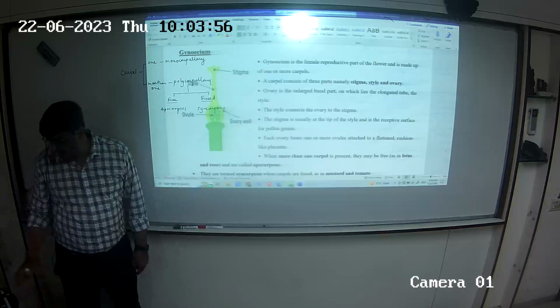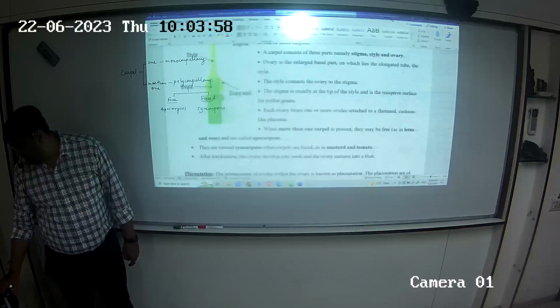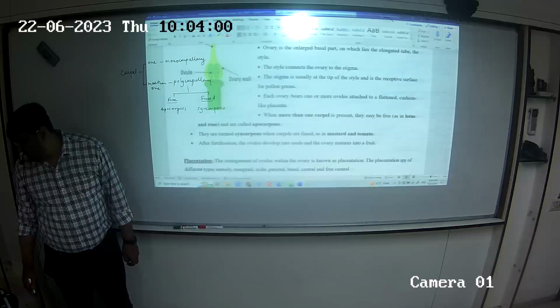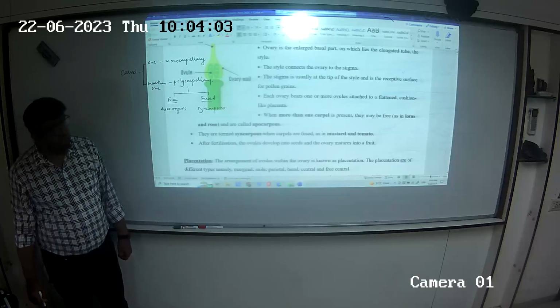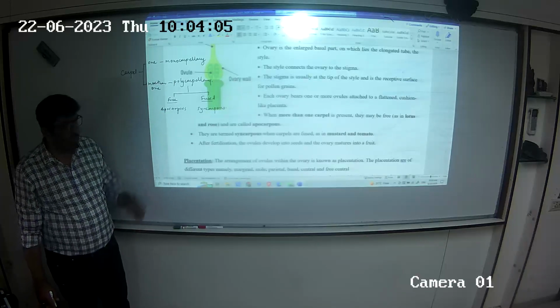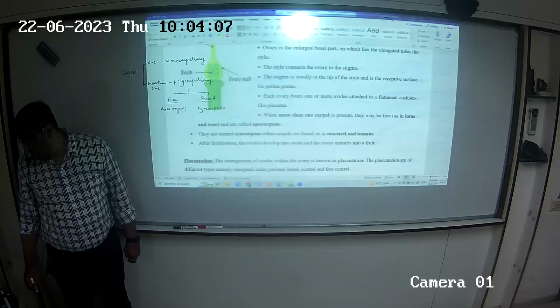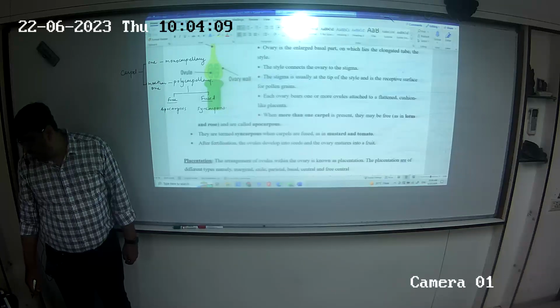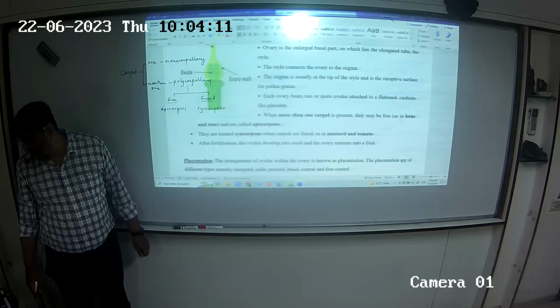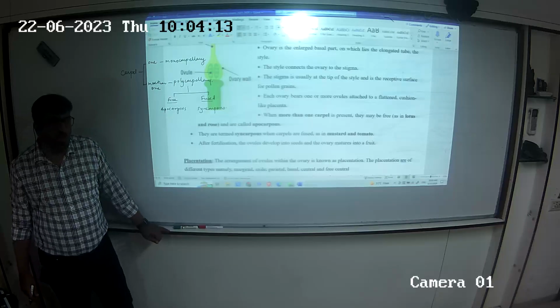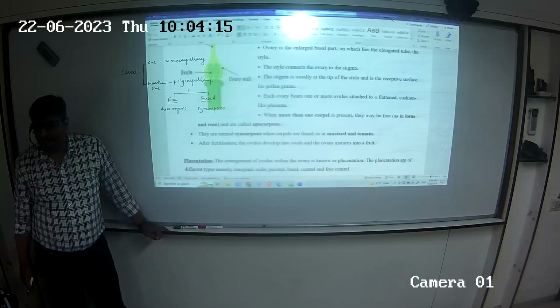Do we have examples here? When more than one carpel is present, they may be free, as in the case of lotus and rose. So lotus and rose are apocarpous, and they are termed syncarpous when carpels are fused, as in the case of mustard and tomato. Mustard, brassica, and tomato.